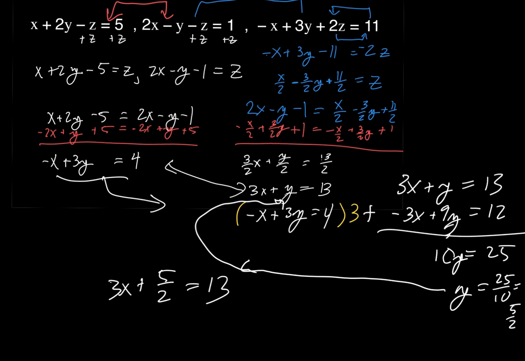Subtract 5 halves, divide by 3. Then take whatever that x value is that we solve for here, this y value we solve for there, and pick one of these equations with z to substitute back in. So in this case, a little substitution, little linear combinations, get to an x, y, and a z.